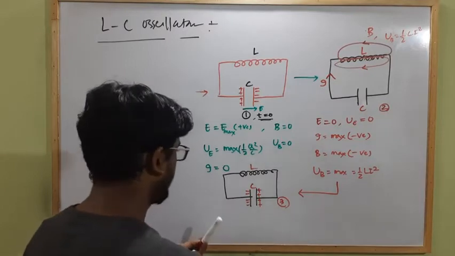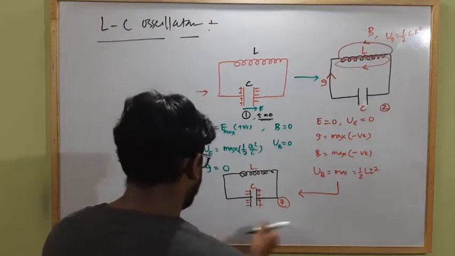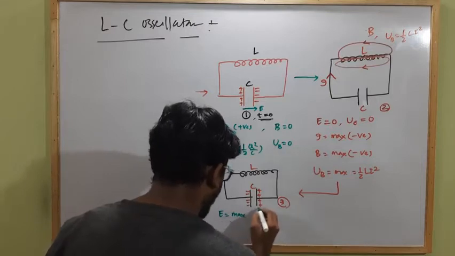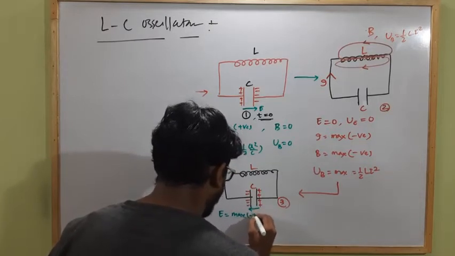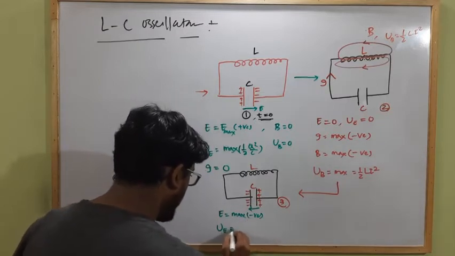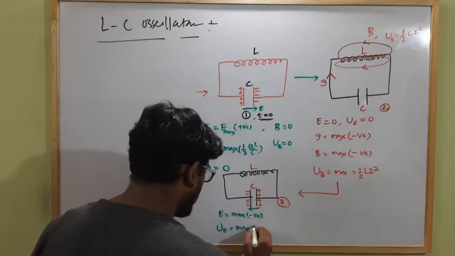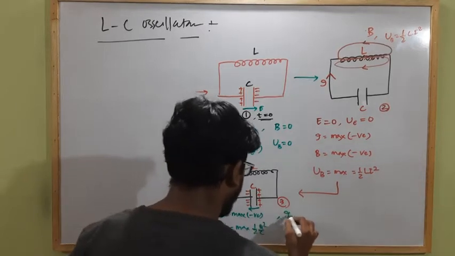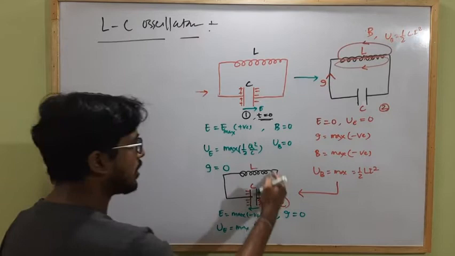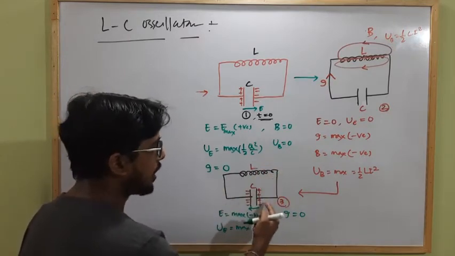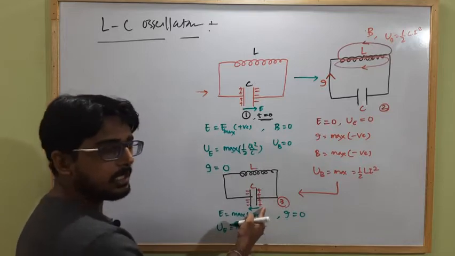Again the electric field will be maximum, but now its direction is opposite, so let it be negative, and the electrical energy is again maximum, that is half Q square by C. And what is the current? The current will again be 0 because there is no current flowing, as the complete energy of the inductor is converted to recharge the capacitor.